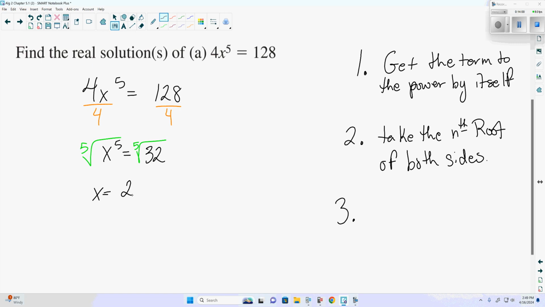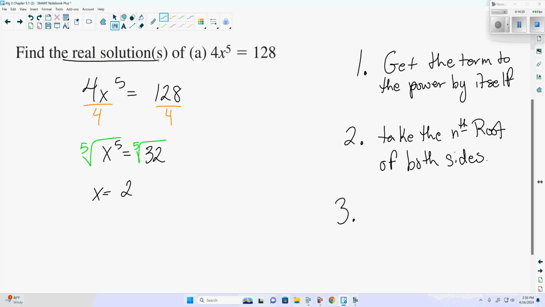Now, since we're taking a 5th root, an odd root, we only have one real solution, yes? I need to mention this to the other hours, but really, for this here, we're only looking for the real solutions. We covered this in higher degree polynomial functions, but the number of solutions is equal to the degree of the function, yes?